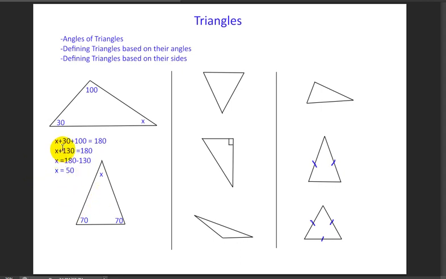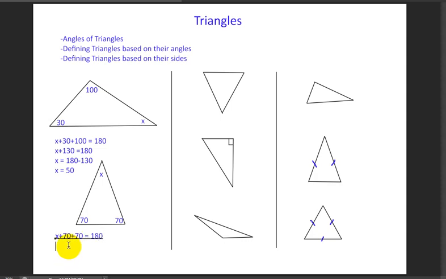So that's how I can find the last angle if I know the other two. Keep this in mind because you will see this exercise on your worksheets. Next up, we have the same thing going on here where we know that these two are 70 and we want to find this one. So we need to do x plus 70 plus 70 needs to be equal again to 180.